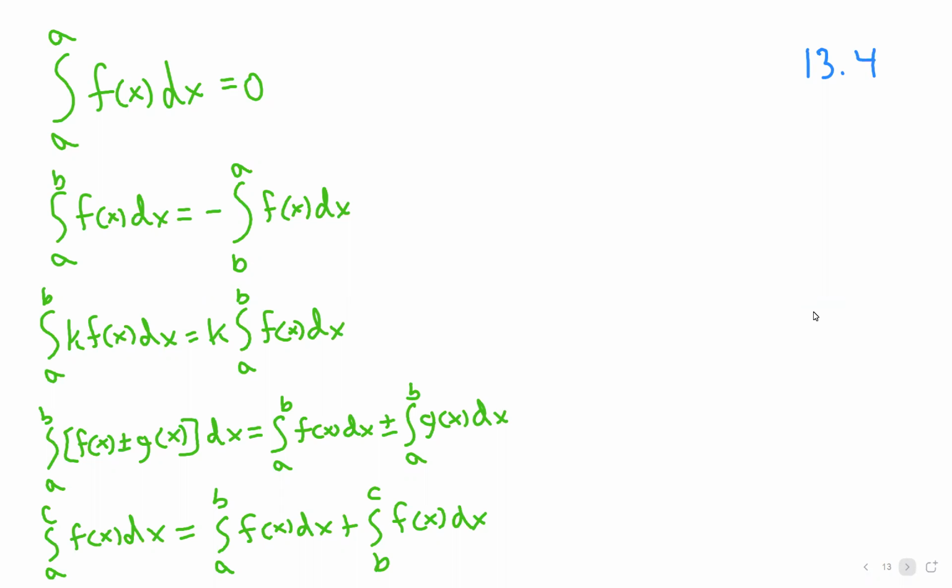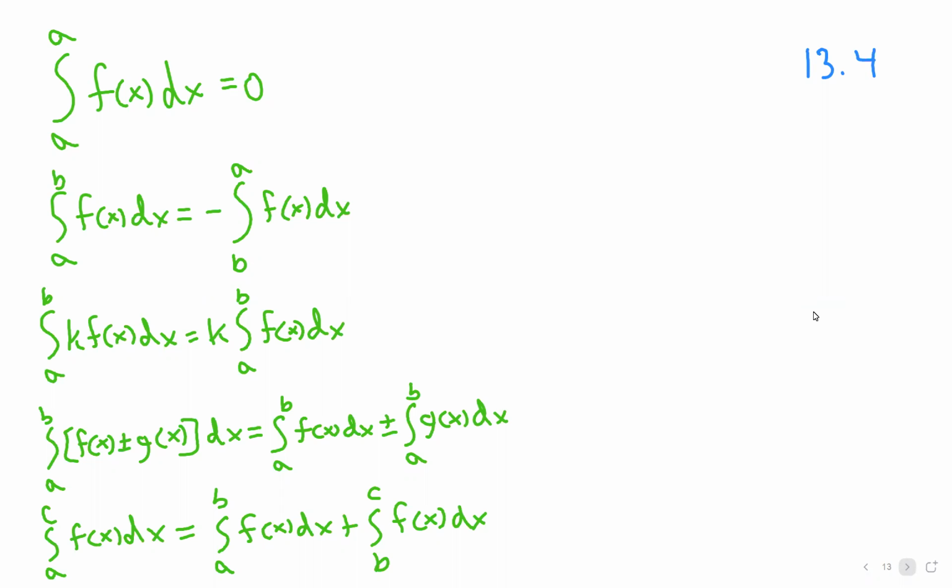If we're looking at a to b of k times f of x dx, that's equal to k times the integral from a to b of f of x dx. Again, this holds from a similar property as the indefinite integral, where the constant can be pulled out of a definite integral.